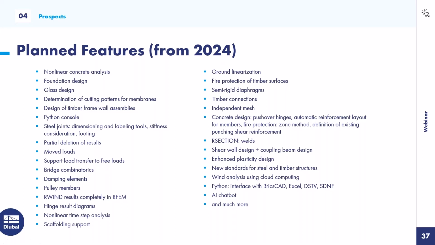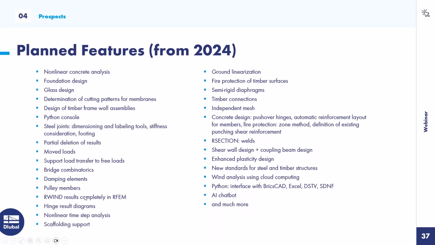That's a more flexible solution than what I showed in this webinar. Then bridge combinatorics. You can create load combinations according to Eurocode for bridge design. Then damping elements for dynamic analysis. Then pulley members will be available.